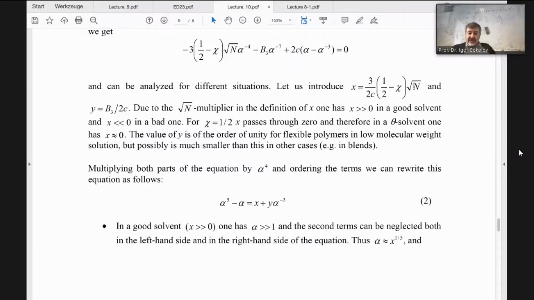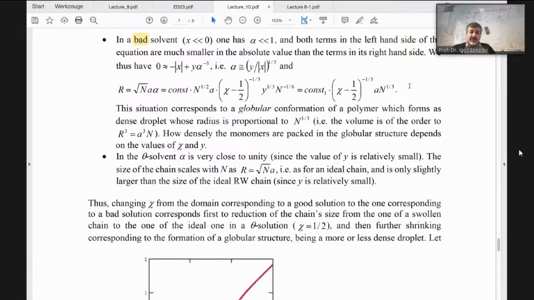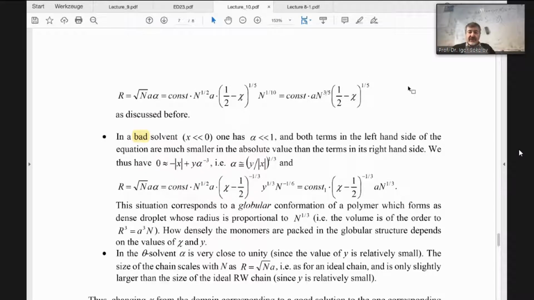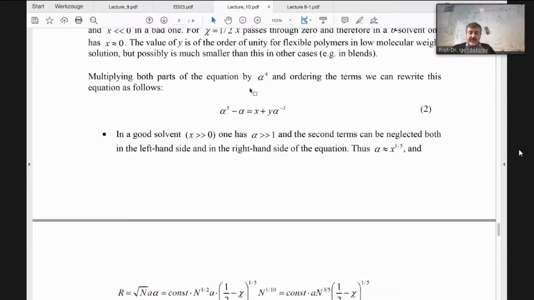Now, again, if I look at this equation, this is large and negative. Alpha cannot get negative. Alpha is positive. So if x is large and negative, then the only way to compensate is to have this part negative.